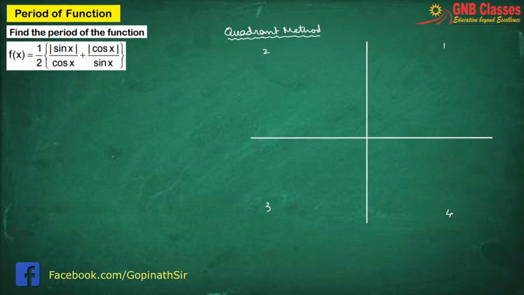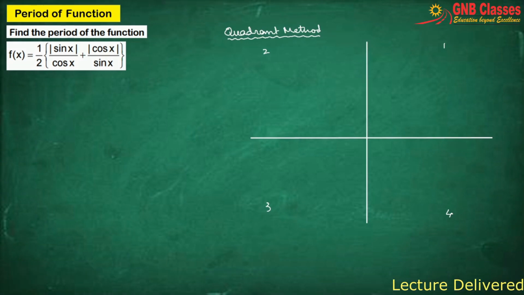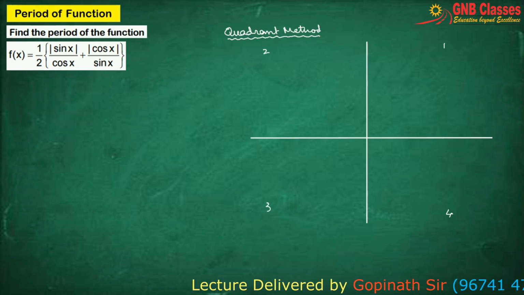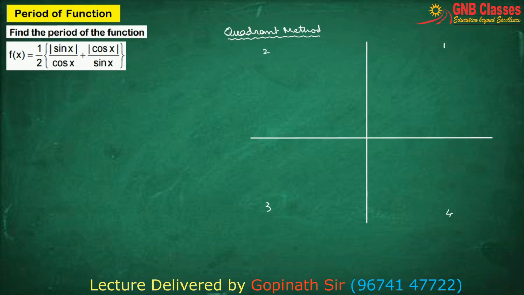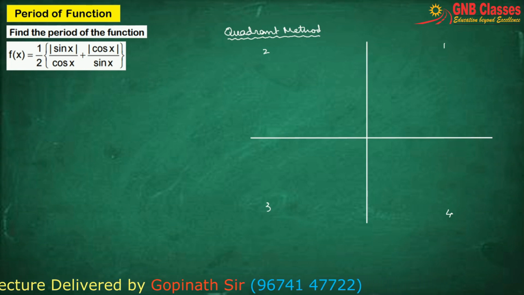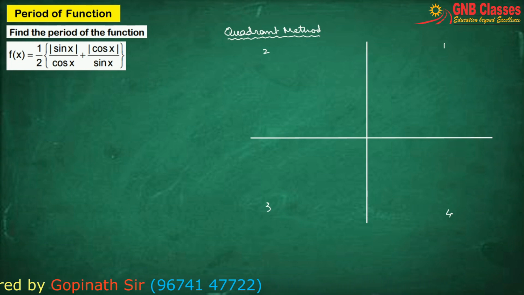The trigonometric ratio with mod sign will be removed with a positive sign if that ratio is positive in that quadrant, or it will be replaced by minus of that trigonometric ratio if it is negative in that quadrant.